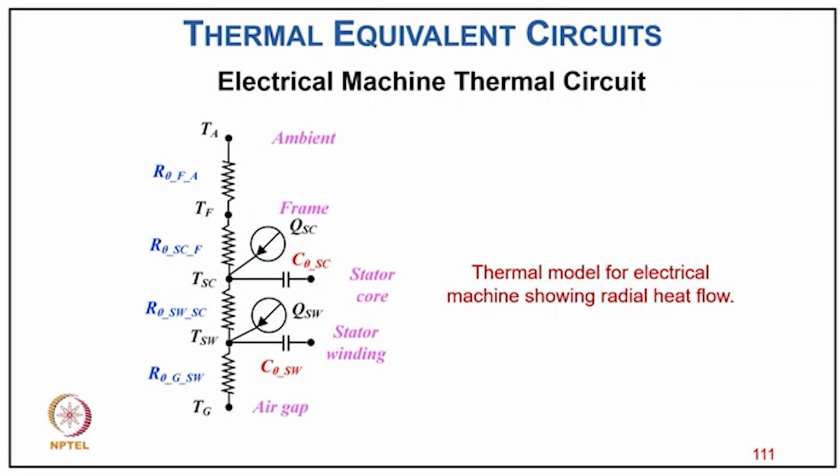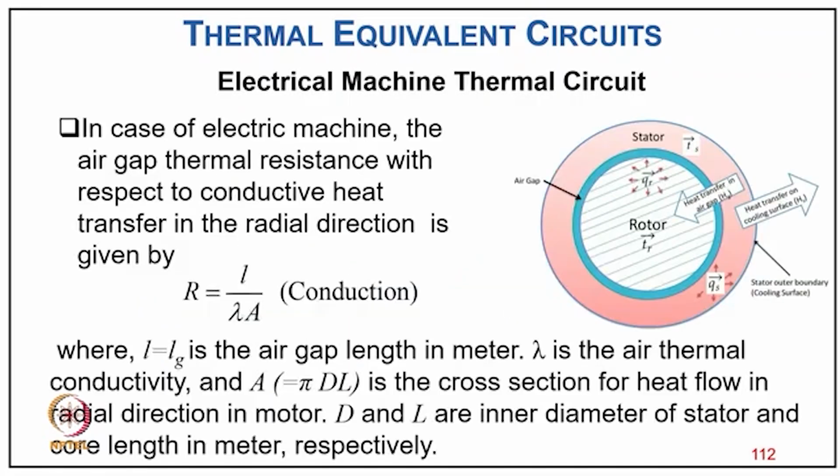It also comes with a capacitance which stores the heat energy, typically in the stator core and stator winding, and you have thermal resistances for going to different parts, starting from ambient to frame. Then you have the stator core, stator winding, then the air gap. This shows how the heat really flows from one part to another, and the thermal resistance equivalent of this equivalent circuit of the machine.